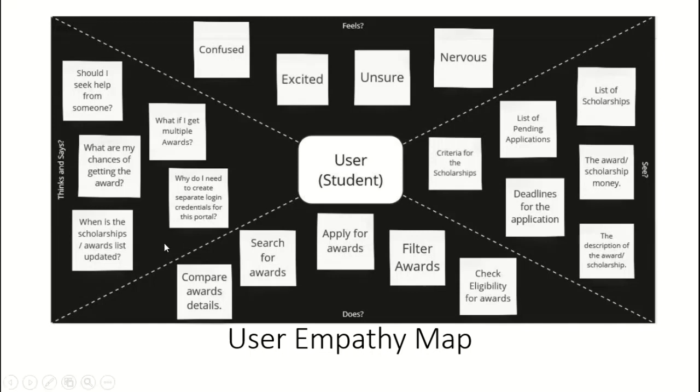Here you can see on the empathy map that the user actually is confused. At the same time, they are excited about the system because they can apply for the award. They are unsure as well because some of the information on the homepage was missing, as well as nervous because they were wondering what if they have done something wrong.